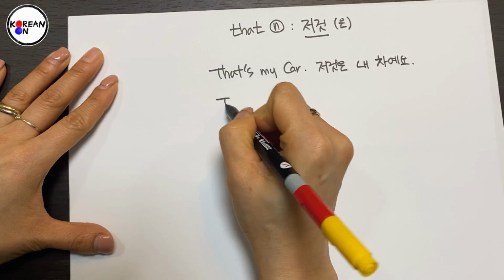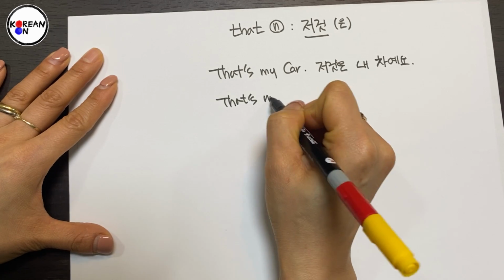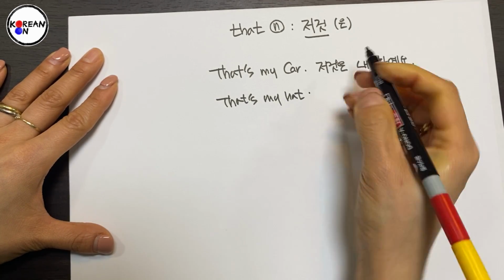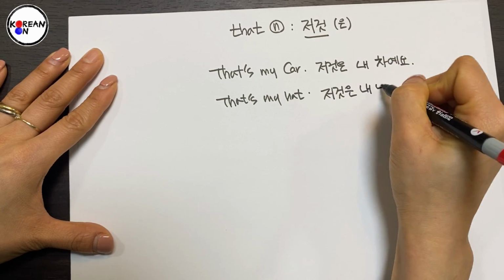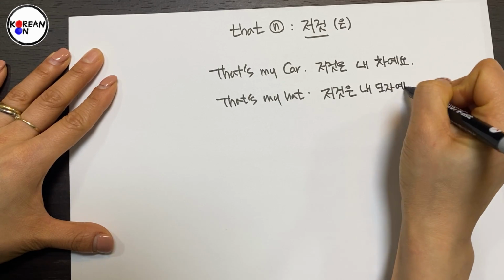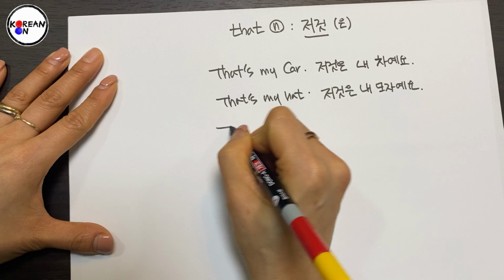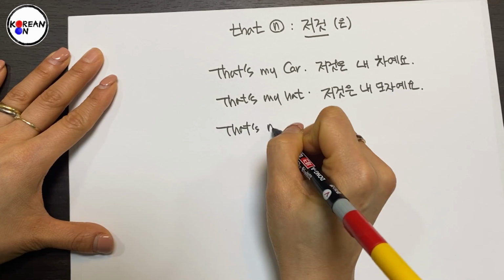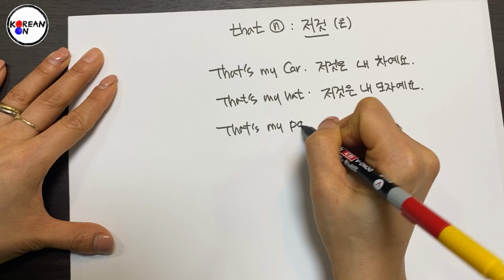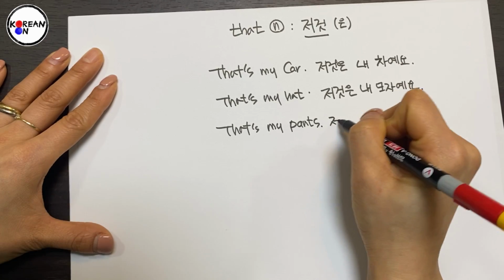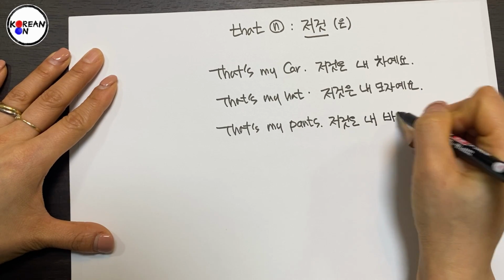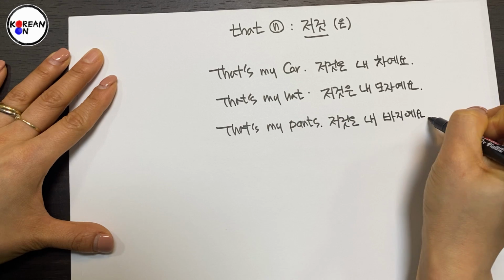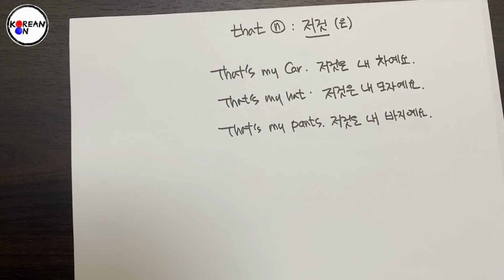That's my hat. 저것은 내 모자예요. That's my pants. 저것은 내 바지예요. So which is far from speaker and listener.